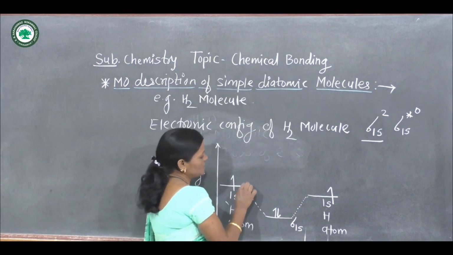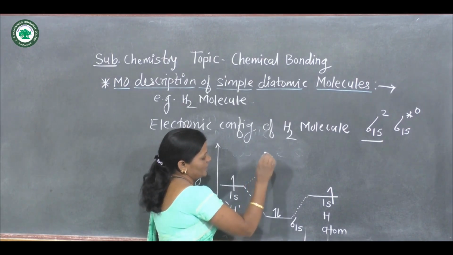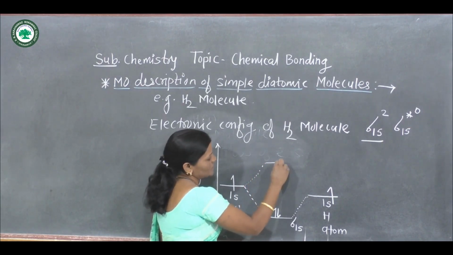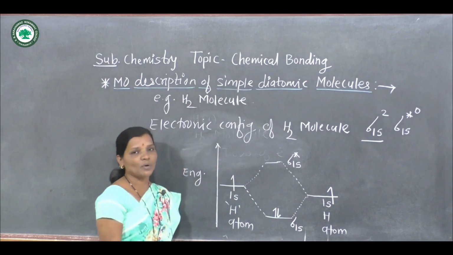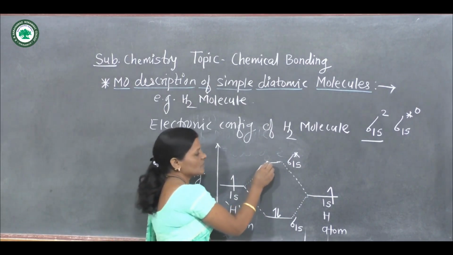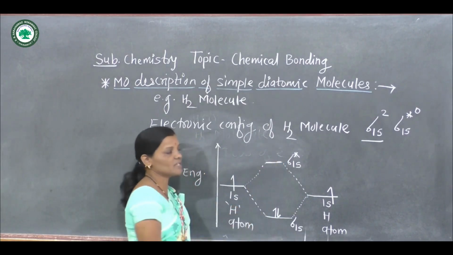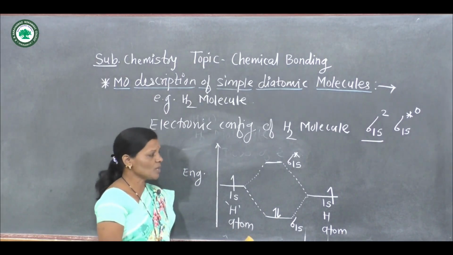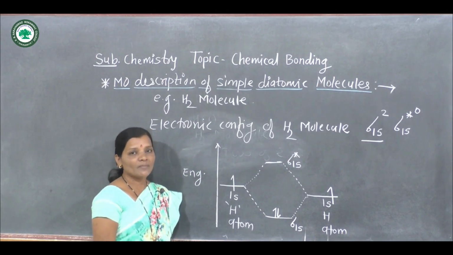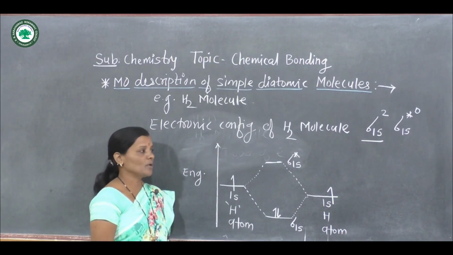Hence that anti-bonding molecular orbital of this H2 molecule is shown here, and that is nothing but sigma star 1s for the hydrogen molecule, and this sigma star 1s antibonding molecular orbital of hydrogen molecule is empty. And so this is the MO diagram for the H2 molecule.